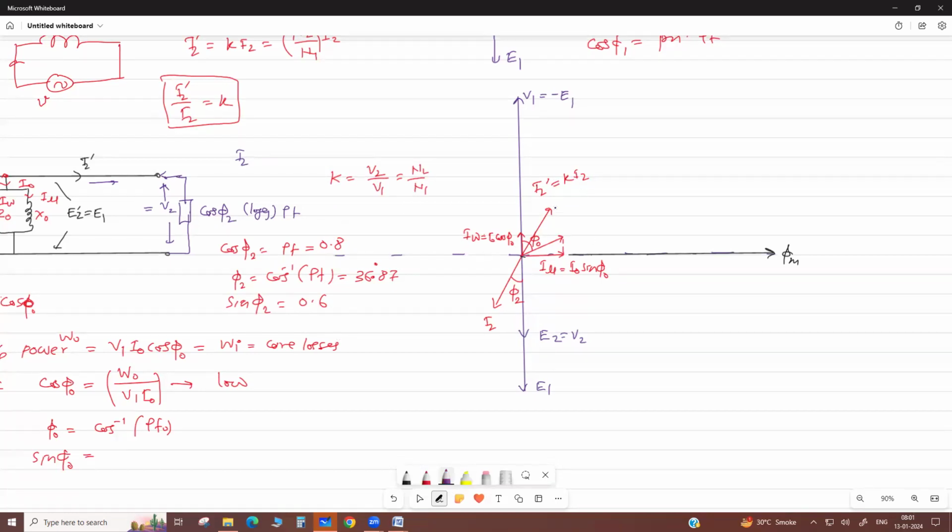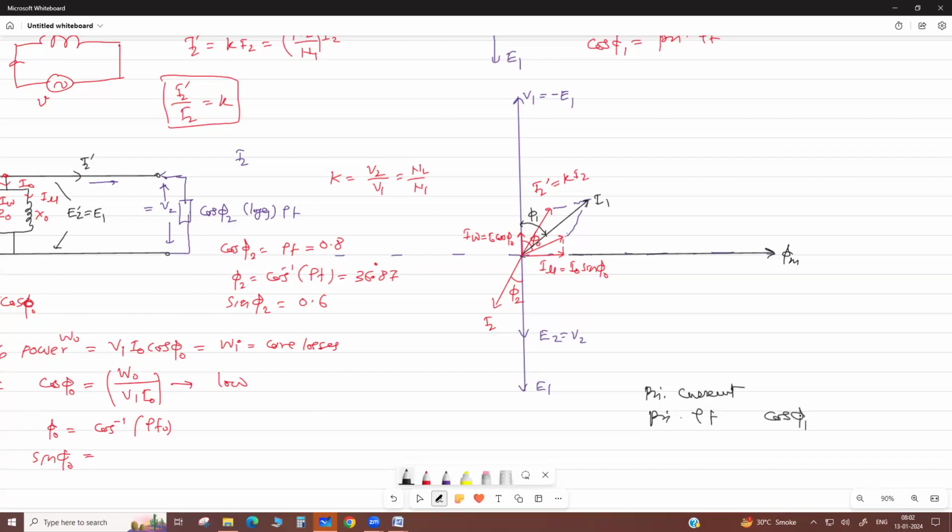Now my dear, the vector sum of these two currents gives I1, and this angle is phi 1. Okay, so this is your I1 current. Now they are asking for the primary current and primary power factor.